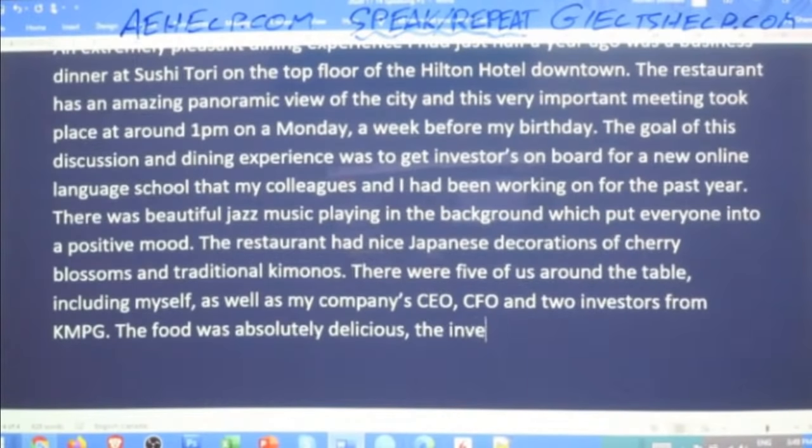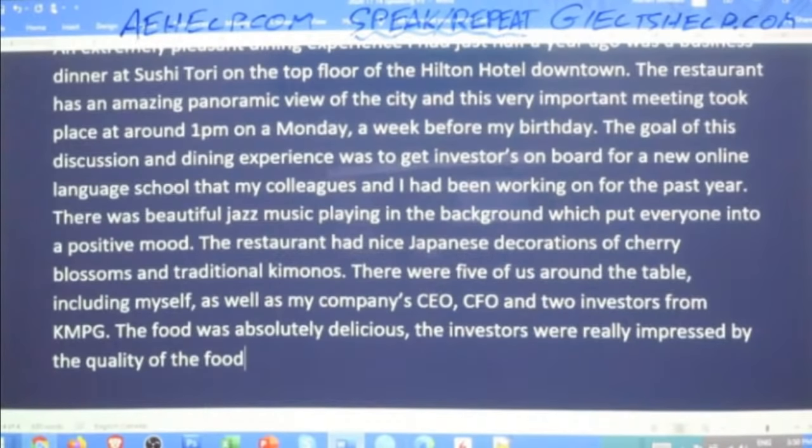The investors were really impressed by the quality of the food. The tuna and salmon were just divine.